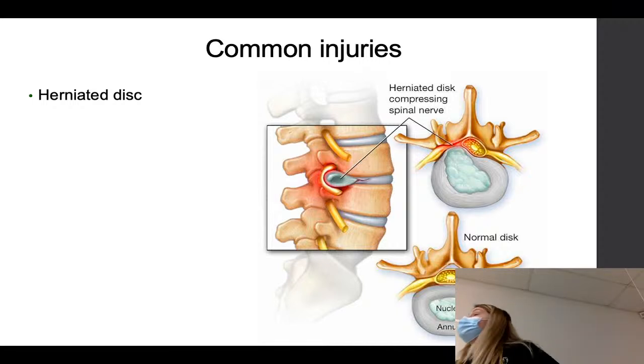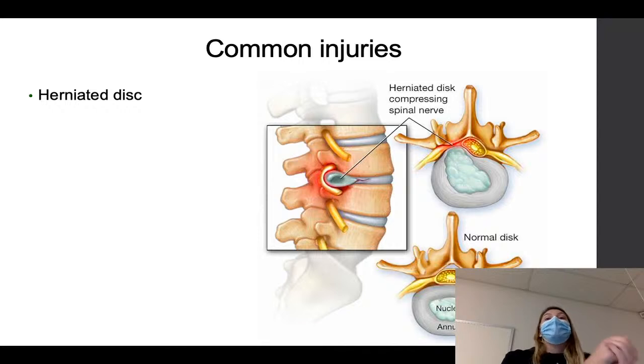So herniated disc. You can have a bulging disc, and that isn't a herniated disc. A fully herniated disc is when the nucleus pulposus herniates, comes out of its little region, and then compresses on the nerve root.